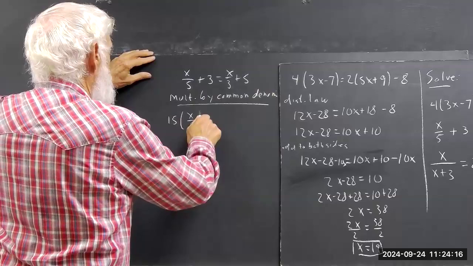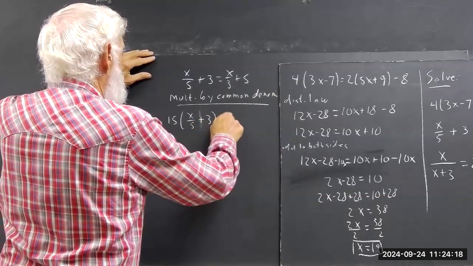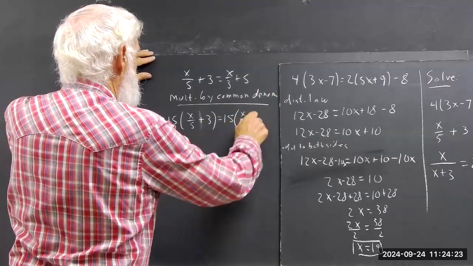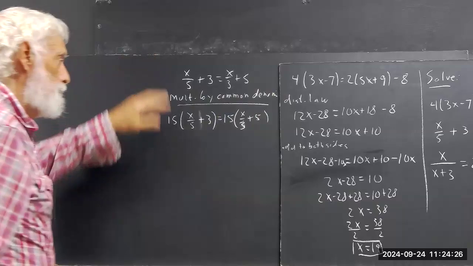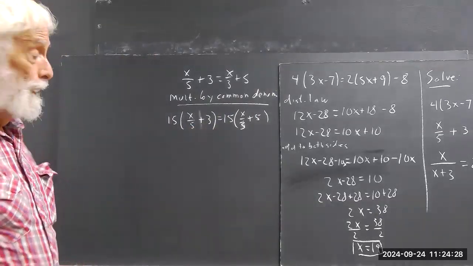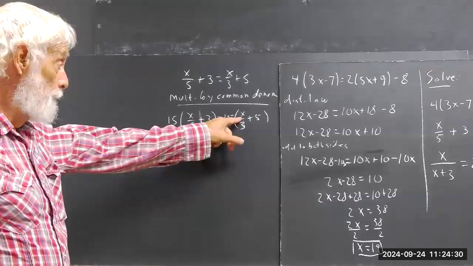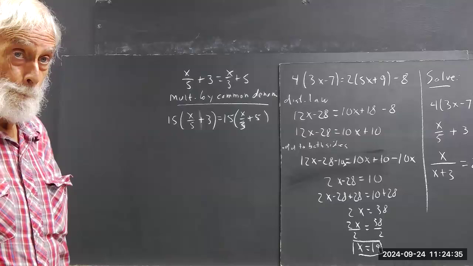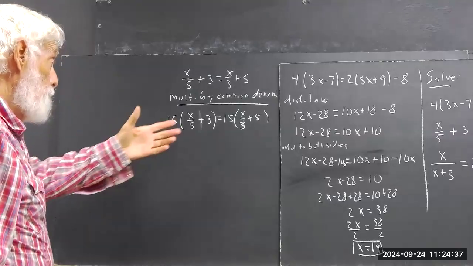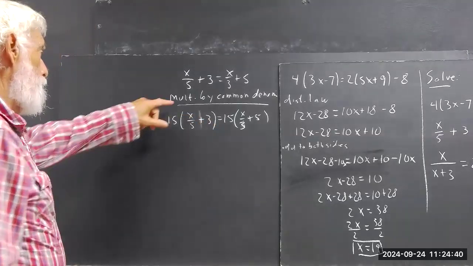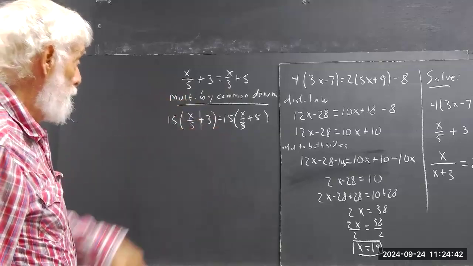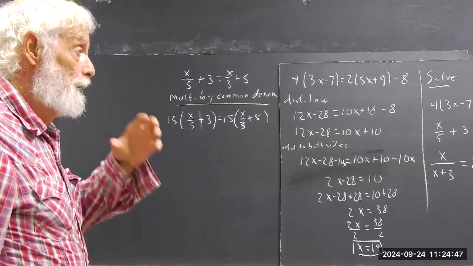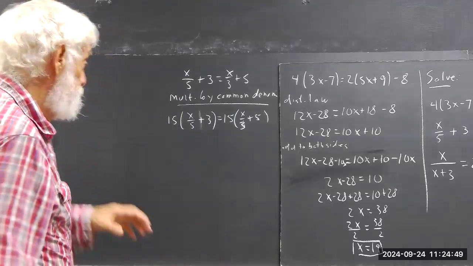Well, I'm going to multiply both sides, just to emphasize that that's what we do. A lot of people just multiply this by 15 and multiply this by 15 and not multiply this by 15. Okay? You don't want to do that. You want to multiply both sides. And you probably ought to write multiply both sides by common denominator. Again, just to help lock it into your brain, that's the operation that's legal.